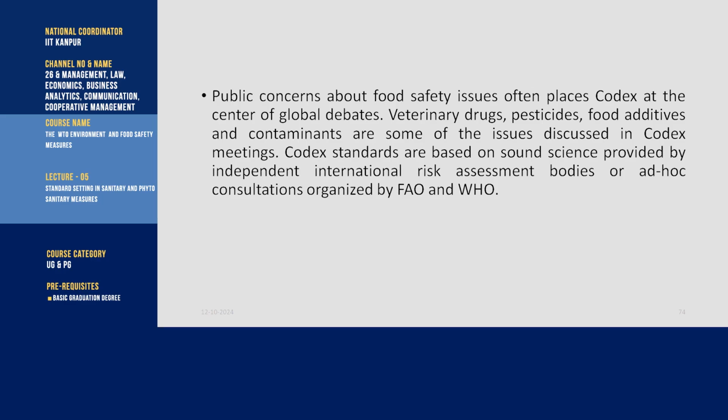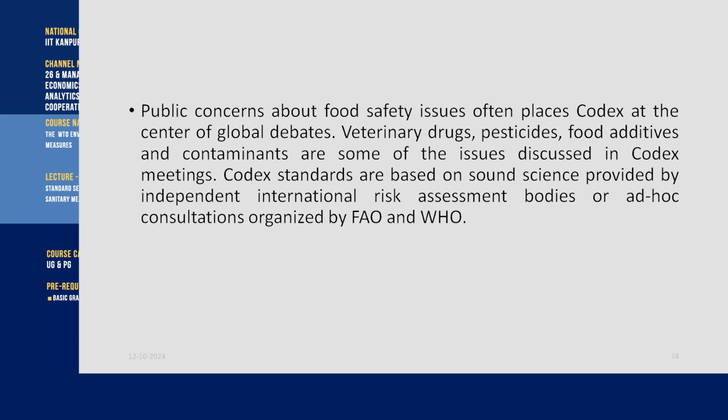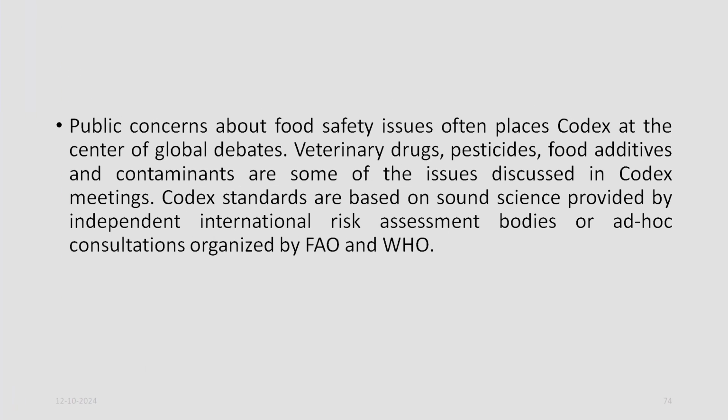Now, what are the main areas that Codex deals with? Definitely food safety. But within food safety, there is a wide range of subjects that are taken into consideration. For example, veterinary drugs, because it's not simply vegetarian food that is the matter of concern here, but also meat products.